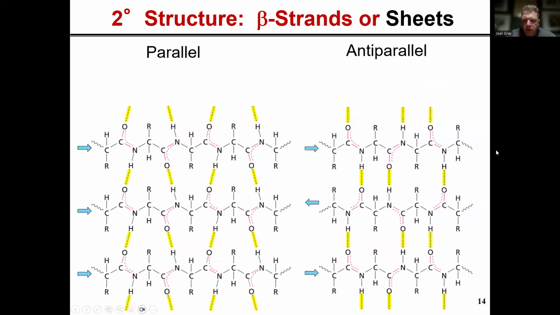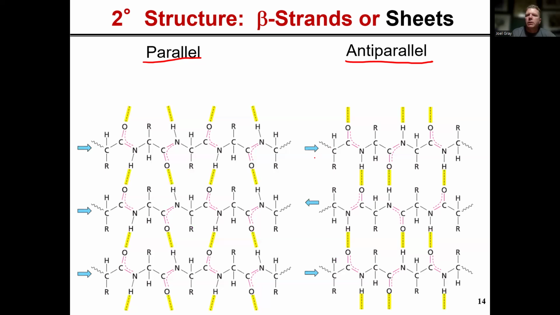So as we proceed here, there we go. The most important thing about beta sheets and beta strands is basically their orientation. They can form two major structures, a parallel and an anti-parallel beta sheet.